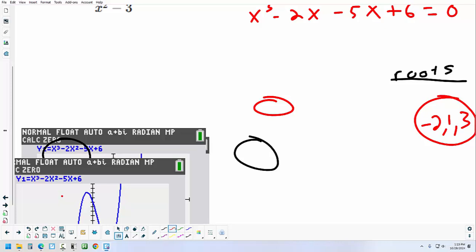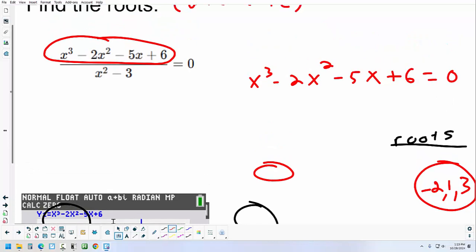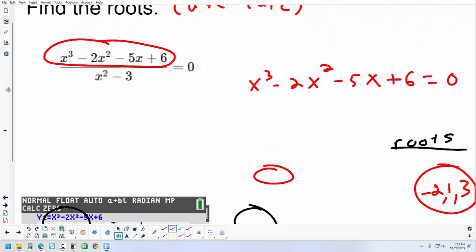You don't have to check these either way. No, you should make sure that they don't cause you to divide by 0, but I can tell just by looking at the bottom. If I plug in 1, 1 squared is 1, 1 take away 3, that's not 0. If I plug in 3, what's 3 to the second power? 9. And 9 take away 3, is that 0?